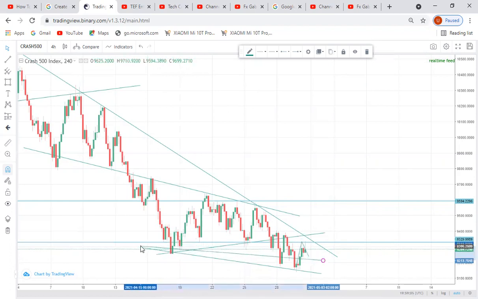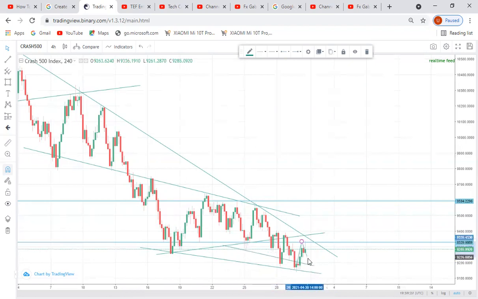There's a support here. There's also another weak candle wick here. Even if I don't place it there, I can decide to use this one here. Good. Okay, this is it.